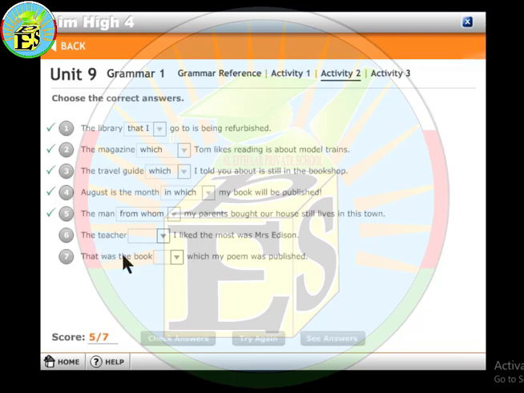The teacher space I liked the most was Mrs. Edison. The teacher what, who, that I. Who. Correct. Seven. That was the book space which my poem was published. Of which, on which, in which. In which. Very good.